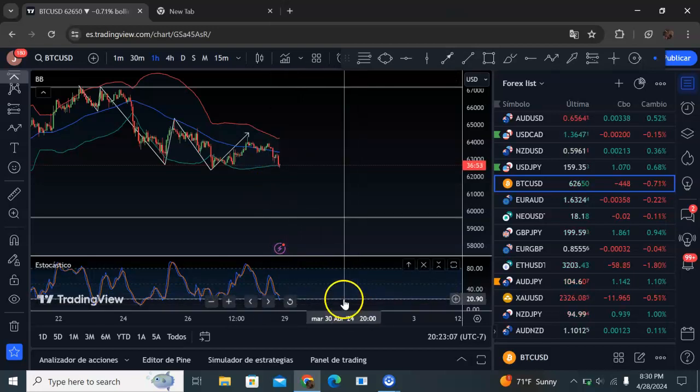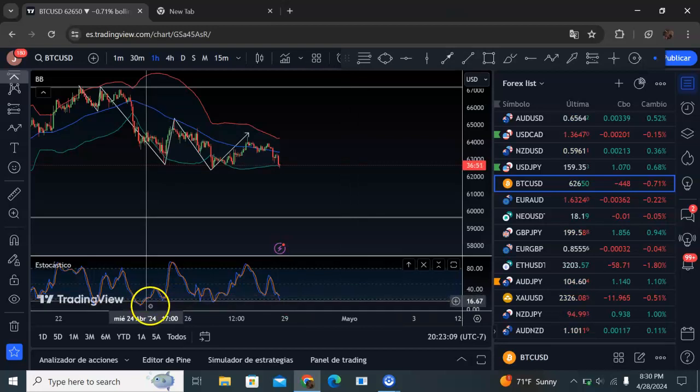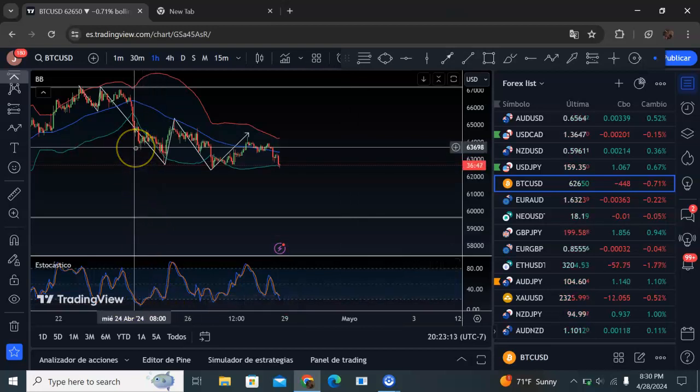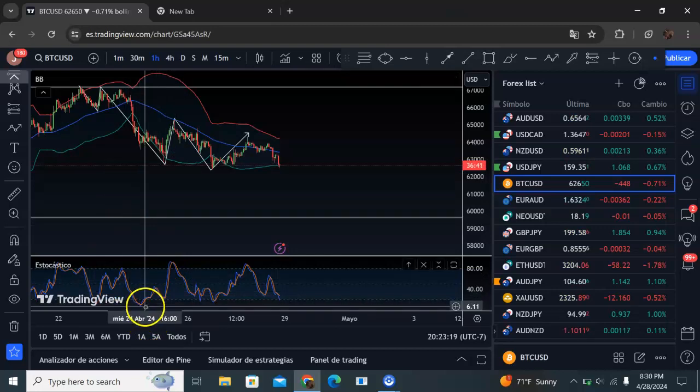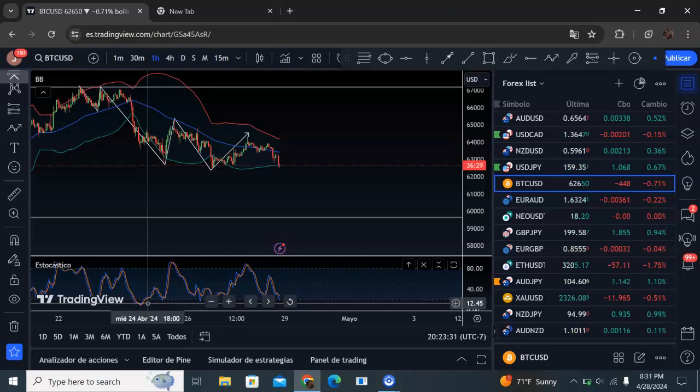And then I normally want the stochastics kind of pointed up also. And if I can find a lower low and the blue line pointing up in the oversold territory, that's when I go into the markets.